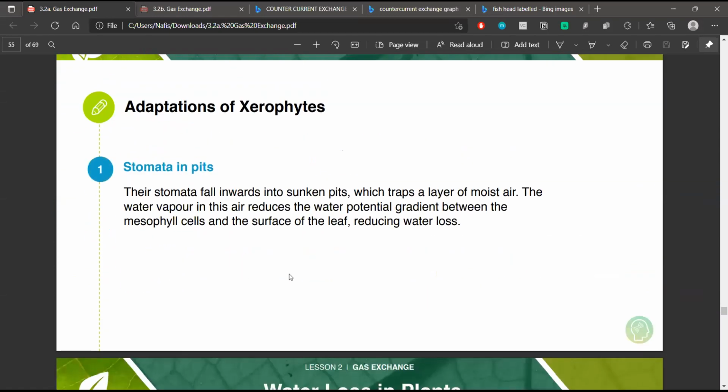The first thing they do is use pitted stomata, where their stomata fall inwards into sunken pits. On top of that, you can trap a layer of moist air. The water vapor in this moist air reduces that gradient between the mesophyll and the surface of the leaf, reducing water loss.